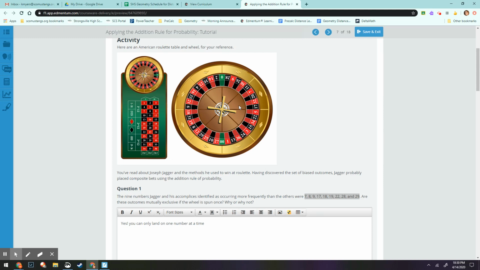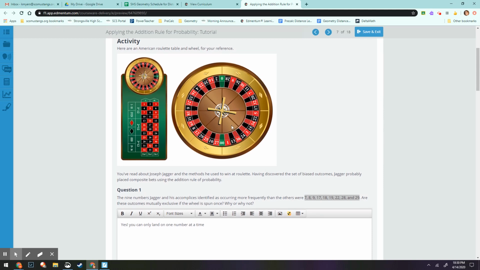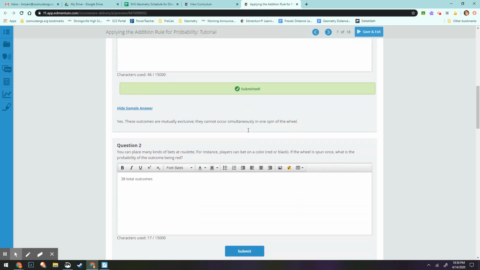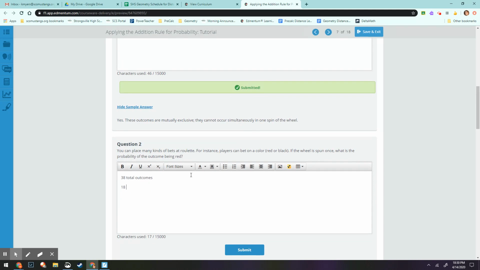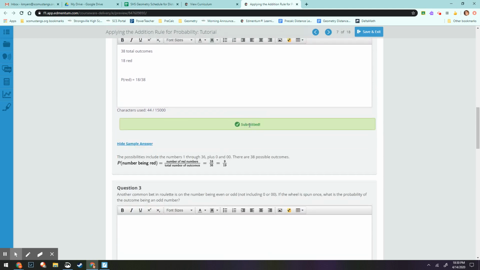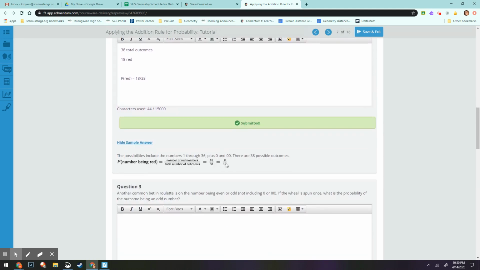I was touching my screen. I know you can't do that. But if you count, the numbers 1 through 36 are either red or black, half are red, half are black. So there are 18 red. So the probability of getting red would be 18 over 38. You can reduce that if you want, but I'm going to leave it as is for the sake of time. That would reduce to 9 over 19.